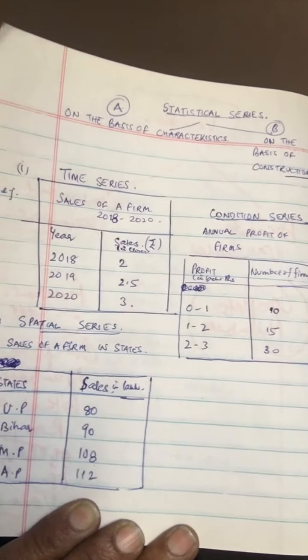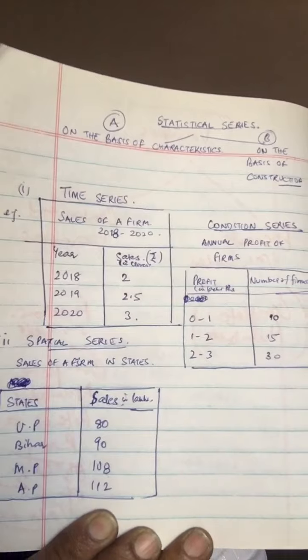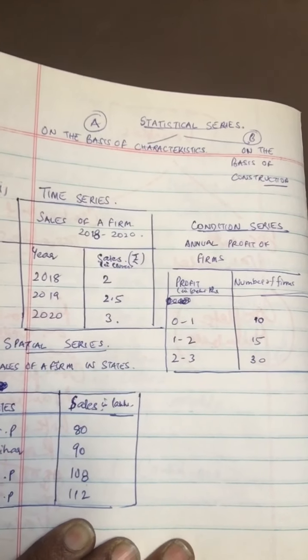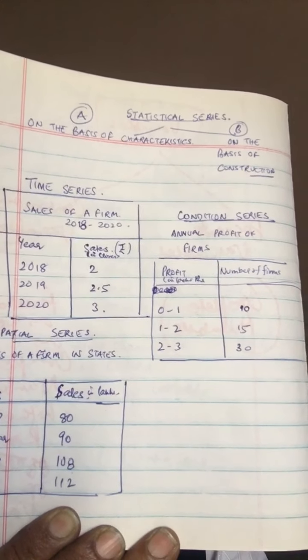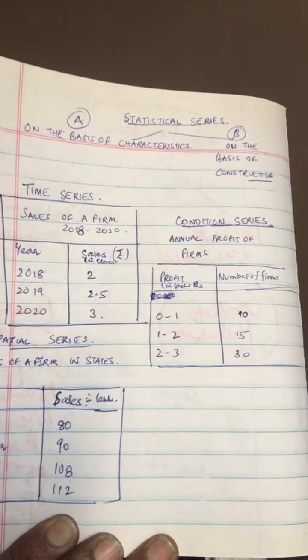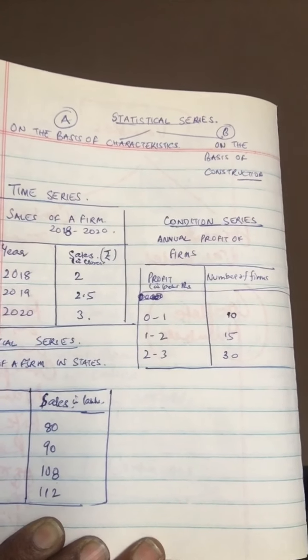Now, what is a time series? A series of values of some variable according to successive points in time is called a time series. Data are presented with reference to some time limit, say a year, month, week, or day.